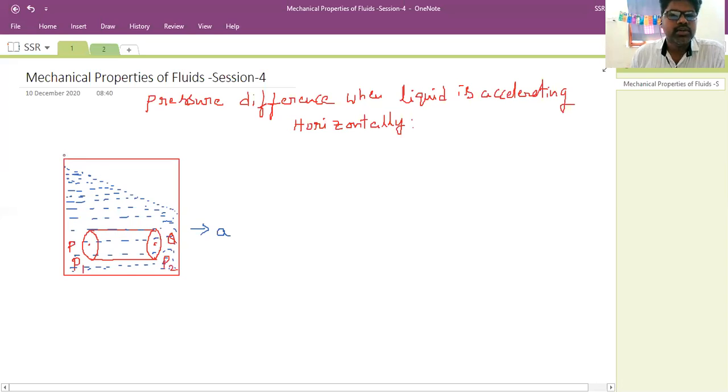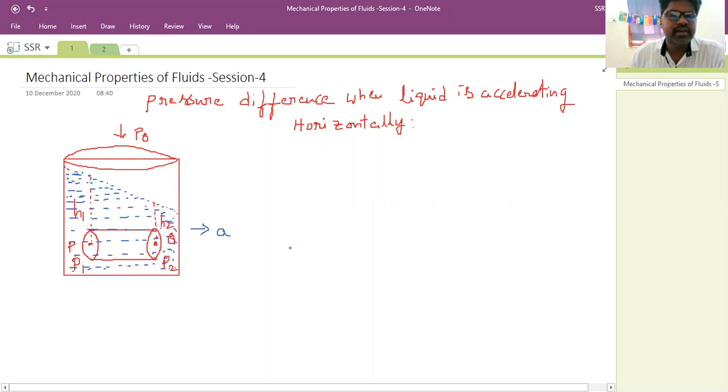This is the open or free surface, and outside we have atmospheric pressure P0. From point P, the height from the open surface is, let us say, H1. For point Q from the open surface, let us say H2 height.